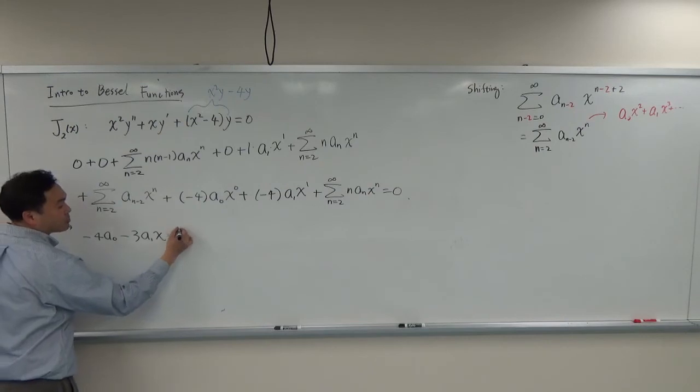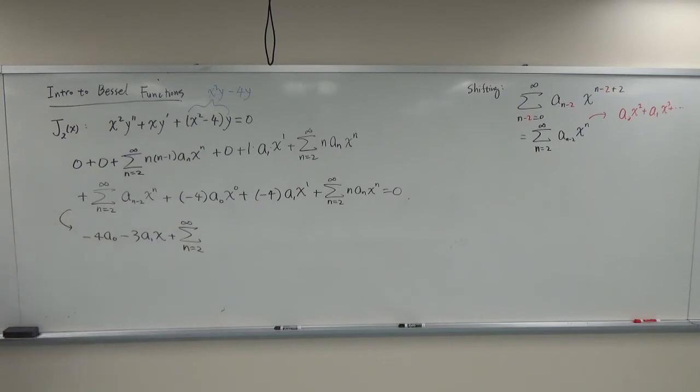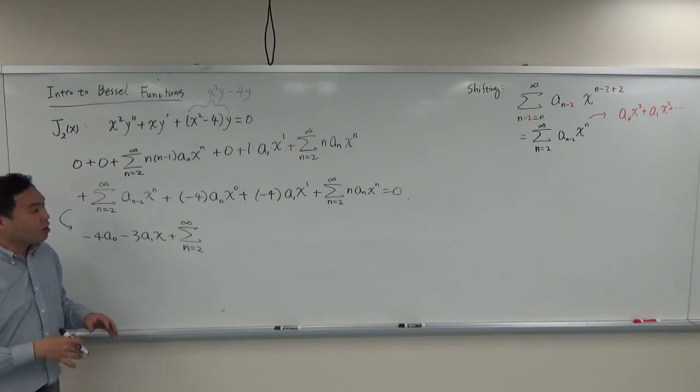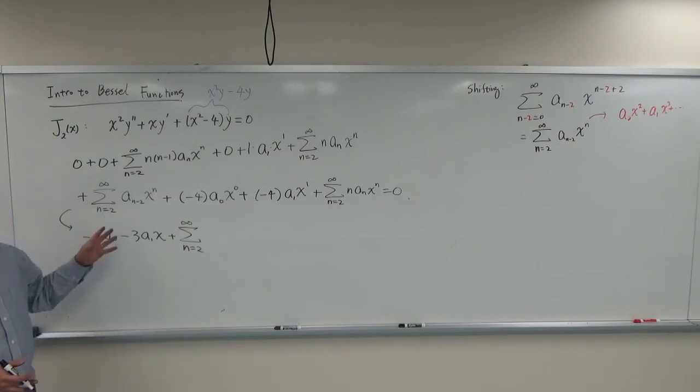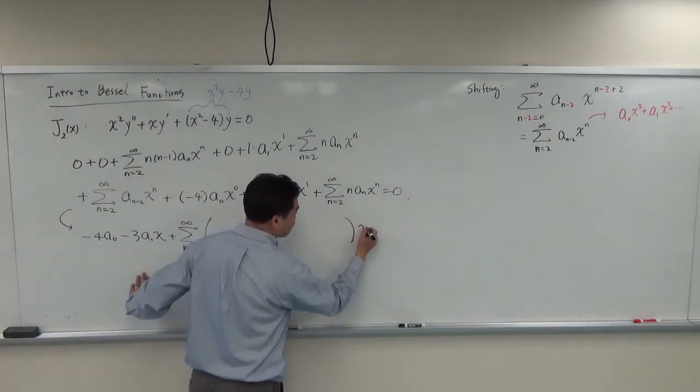And then afterwards, there's a summation, n starting from 2 to infinity. So instead of having a bunch of different summations which made the calculation look really scary, we're just going to have one single summation so that it's organized well. On top of that, because every one of these has x to the nth power, we can factor the x to the nth power and see what's in there.